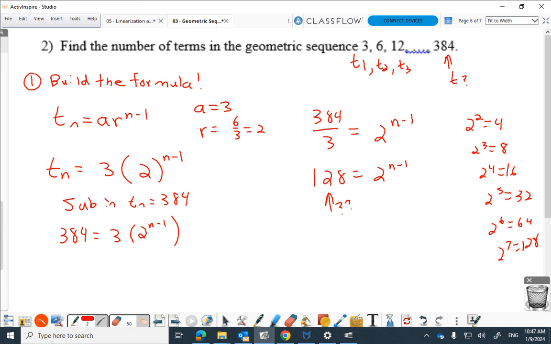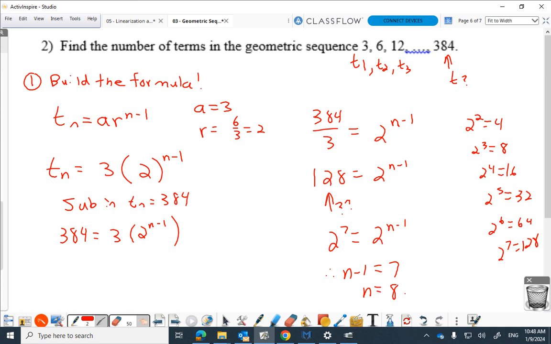No, you could probably use your calculator and just trial and error, play around until you find out 2 to the 7 is 128. That's how you solve these in grade 11. You go, OK, well, what is 128? It's 2 to the 7. Therefore, n minus 1 is 7. N equals 8.